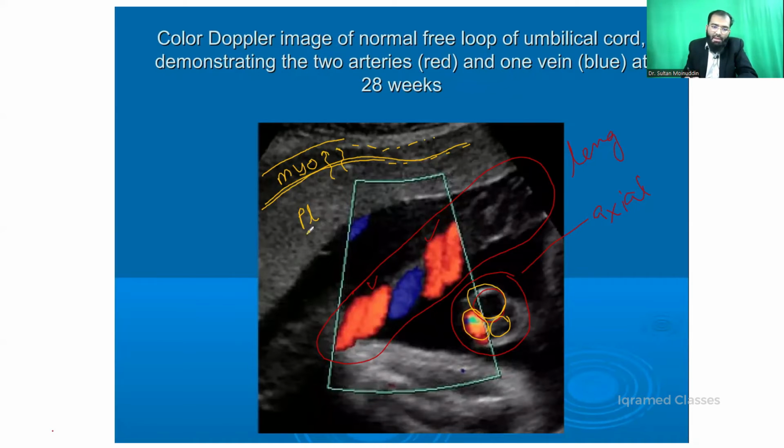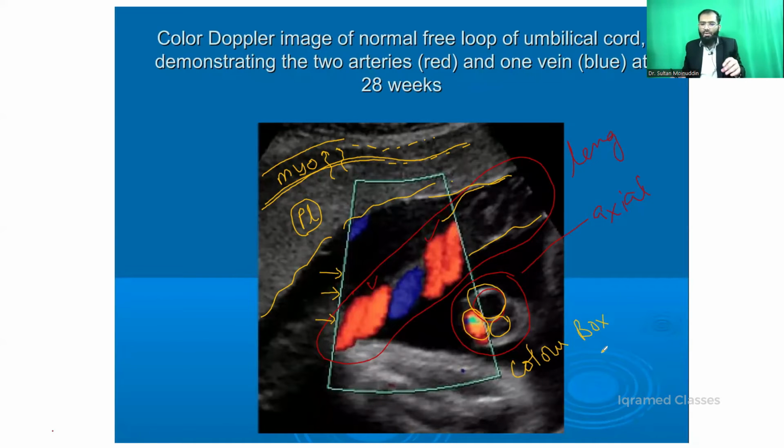Now, see here this placenta. So this is placental tissue. And you would be having a cord which would be attached to the placenta. Now, few other important things which I want you all to focus on is, what is this? This is called the color box. Many of the times, people put a large color box and they try to see things.